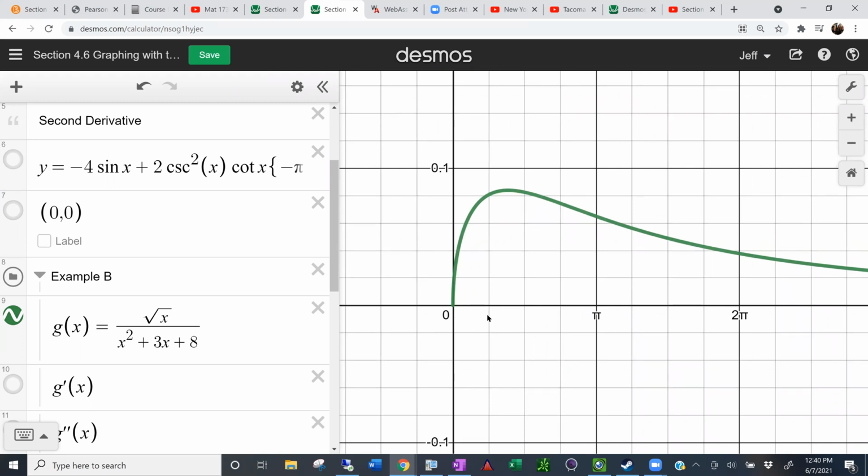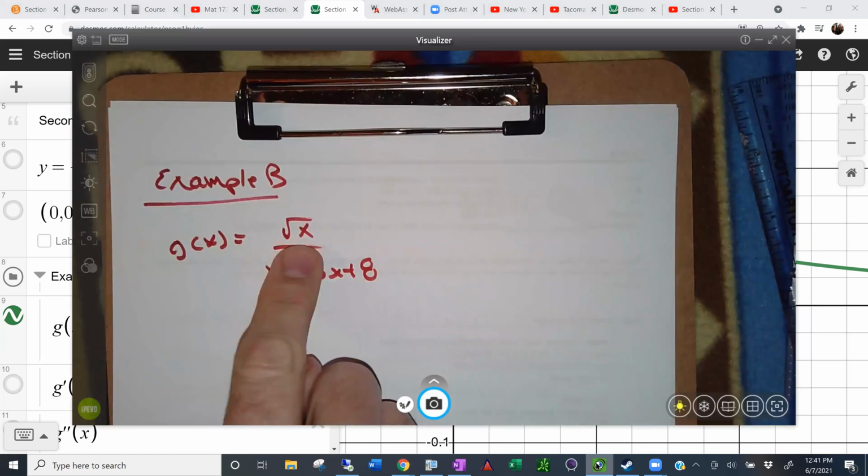Let's notice something about the domain first. This is example B. Can you tell me what the domain of this function is? 0 to infinity. Yeah, 0 to infinity. Now it actually can equal 0 because you can take the square root of 0.